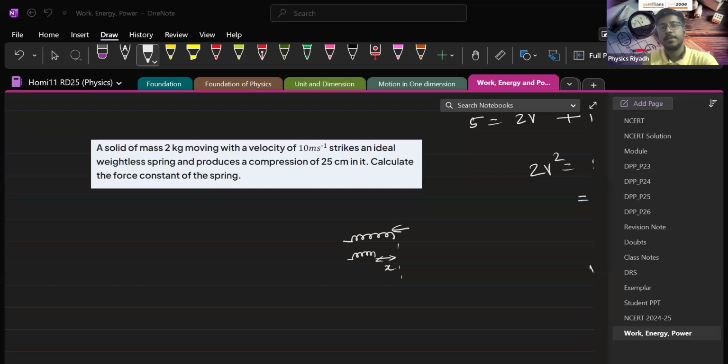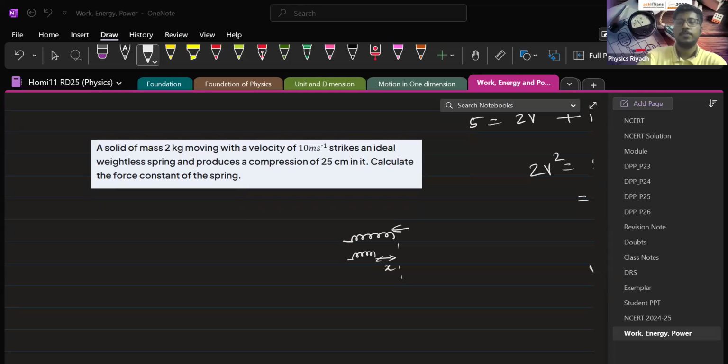The solid is moving with velocity 10 meter per second, which means it has certain kinetic energy. With this kinetic energy it strikes the spring, an ideal weightless spring, so you don't have to consider its mass, and there is no friction given here.